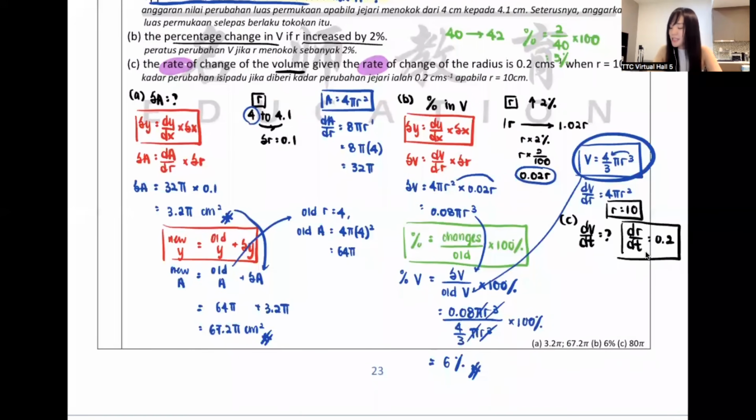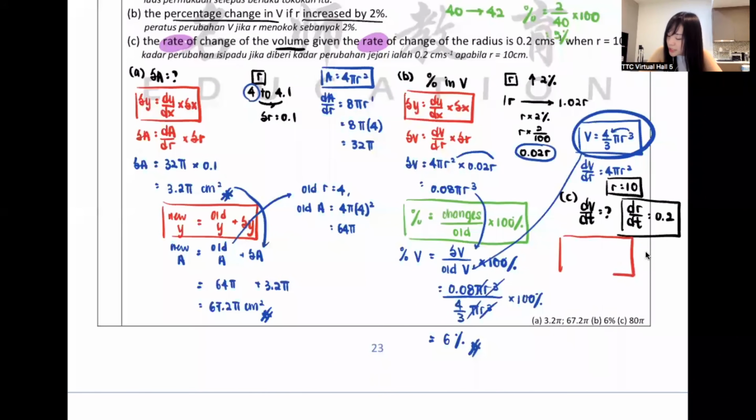Rate of change, always use the chain rule. The one that you want to find, put on the left. Copy on top, copy at the bottom, filling in the blank, which is dR and dR. dV/dt equals dV/dR times dR/dt, which is 0.2.